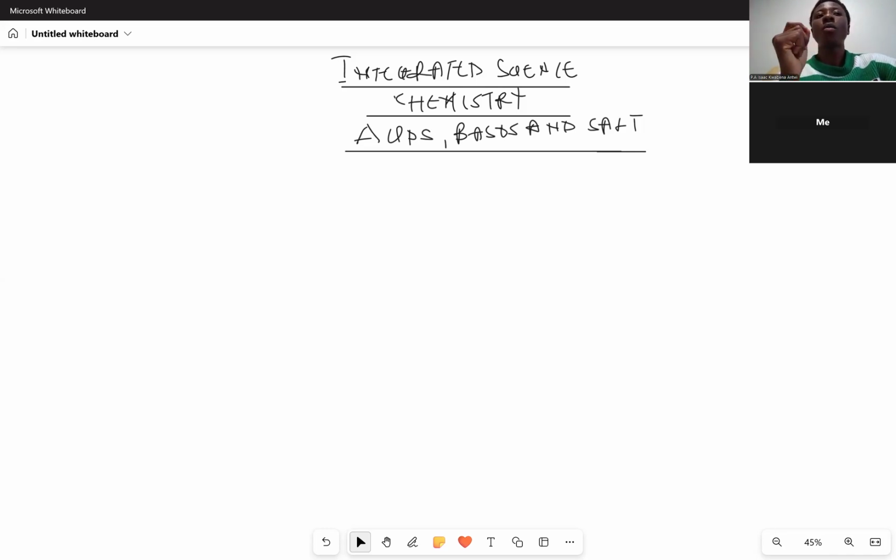We look at their properties, both physical and chemical. We look at their sources, and anything there is about these substances.